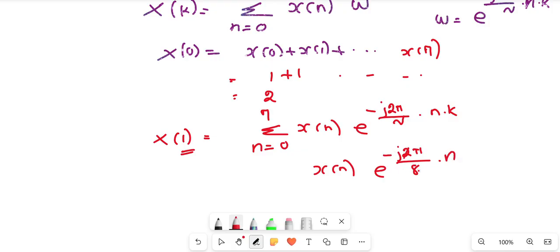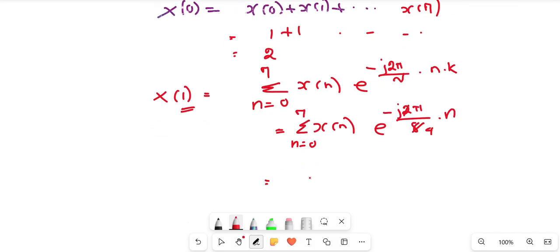So we will get 1 by 2, 4: the summation of n equal to 0 to 7 of x of n into e power minus j pi by 4 into n.